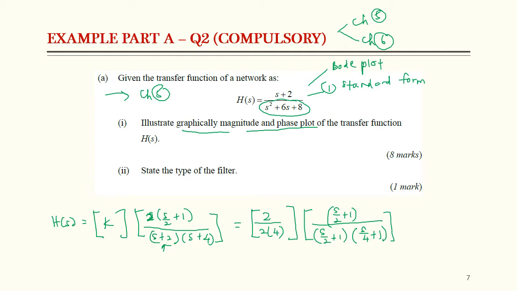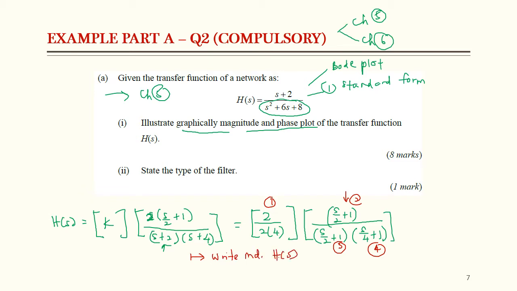But this is not yet answering the question because you need to illustrate graphically. So what you need to do next is to represent the individual transfer functions. Start with the first one, the constant, and then on top you have a zero at 2, not at origin, and then the third one you have a pole at 2, and another one, a pole at 4. Then first write the individual transfer function.